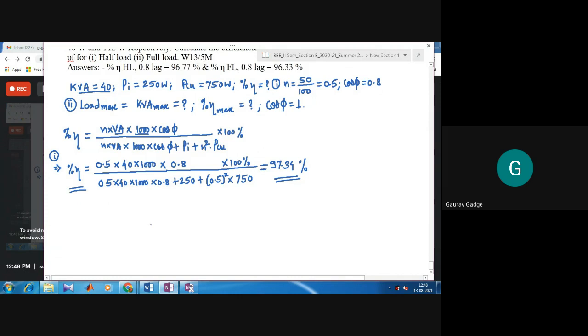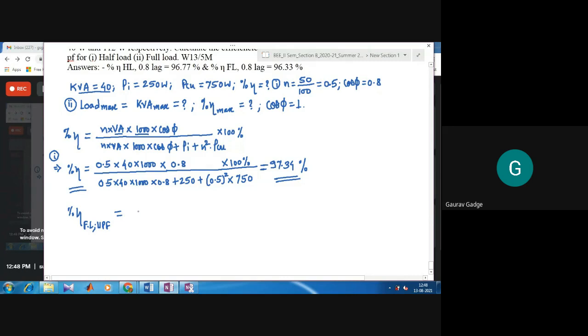That's all. Now, let us say we have to find the efficiency for full load and unity power factor.